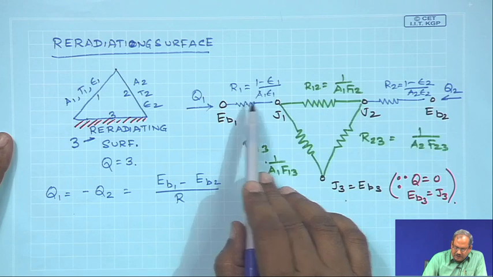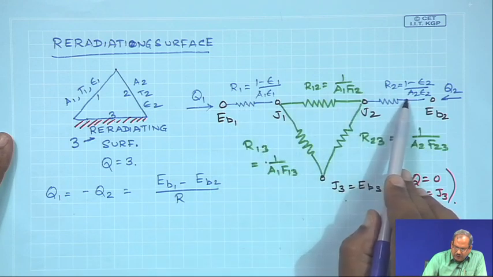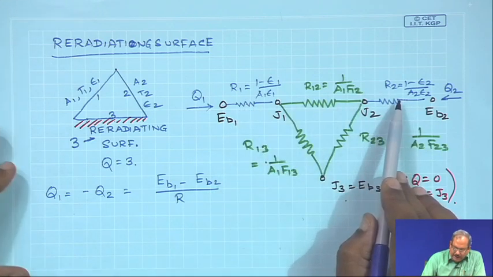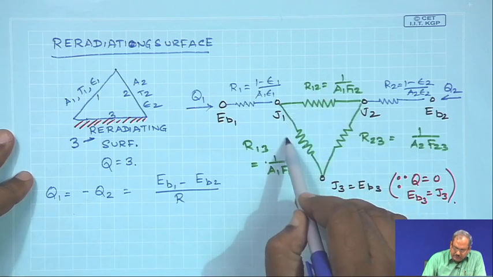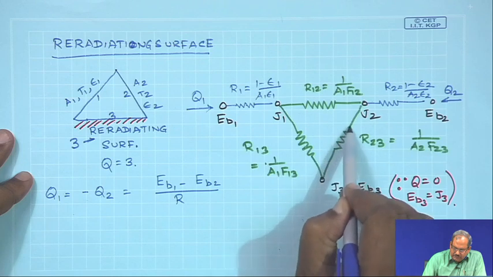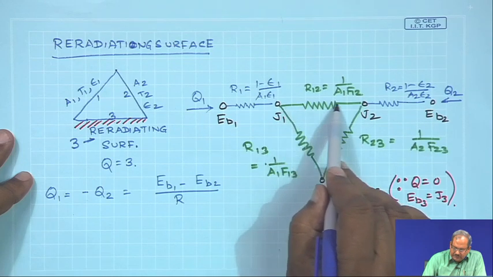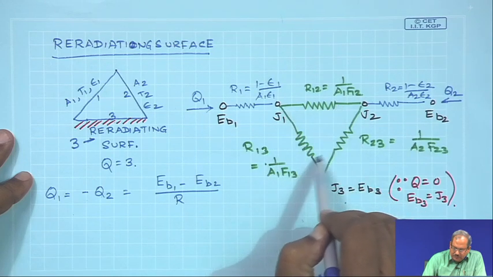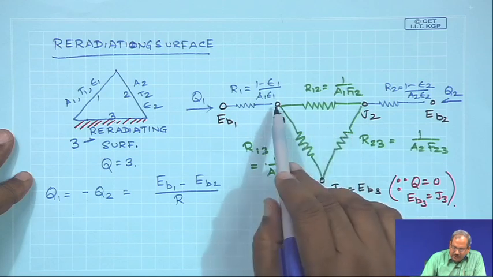The resistances R1 and R2 are going to be in series, and the equivalent resistance of these 3, where these 2 are in series and this resistance is in parallel with the sum of these 2.